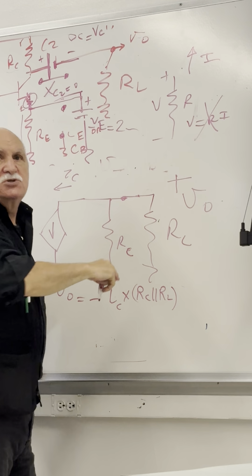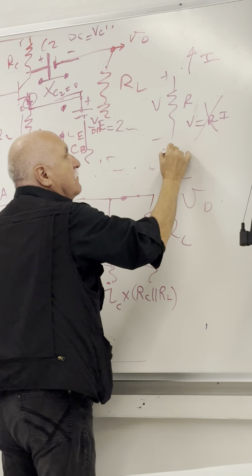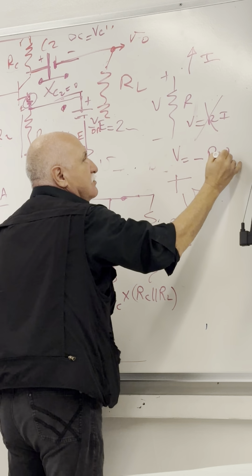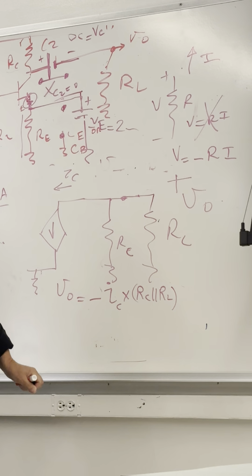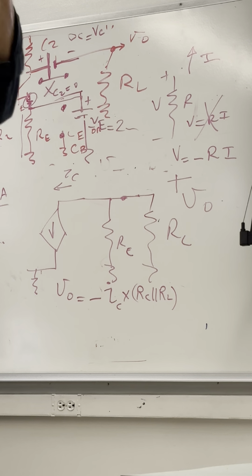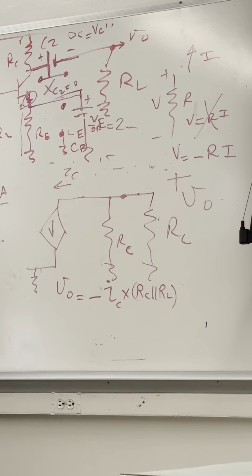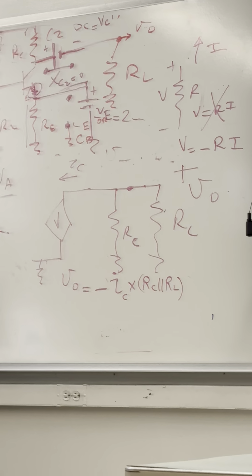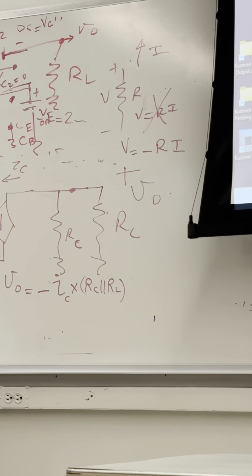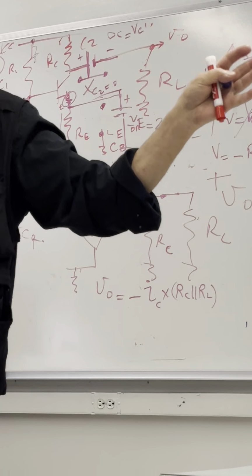If it is a resistor, you should write V equals minus R i. This negative is added to your equation as a penalty for violating the convention. All right? So you've got to make that adjustment, or else your equations will be messed up.